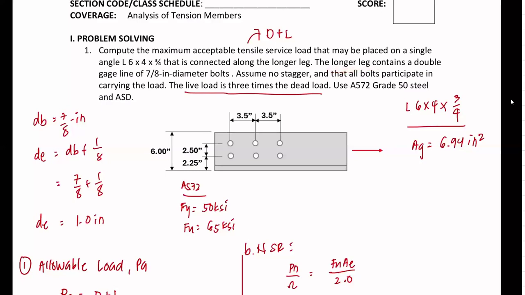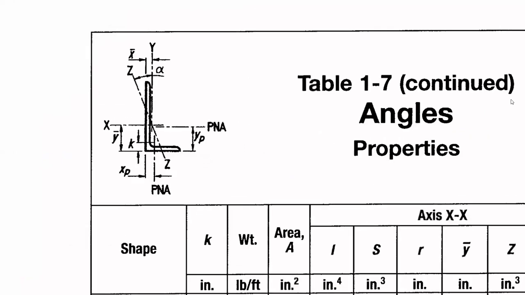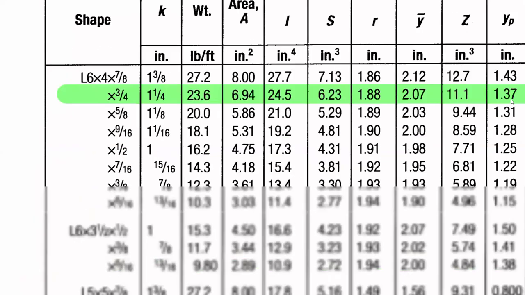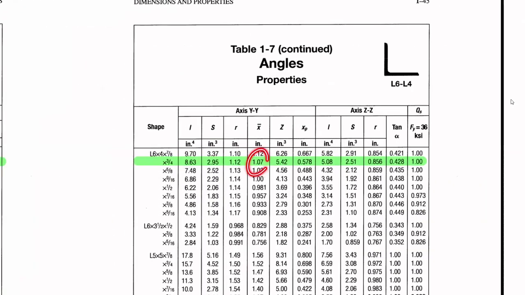So in our L shape, you can see in this diagram, this is the longer leg, this is the shorter leg, and the centroid is here. Whatever that distance is, that is our x-con. So for this case, x-con is our bar x value. So let's get the value of bar x. That is 1.07.